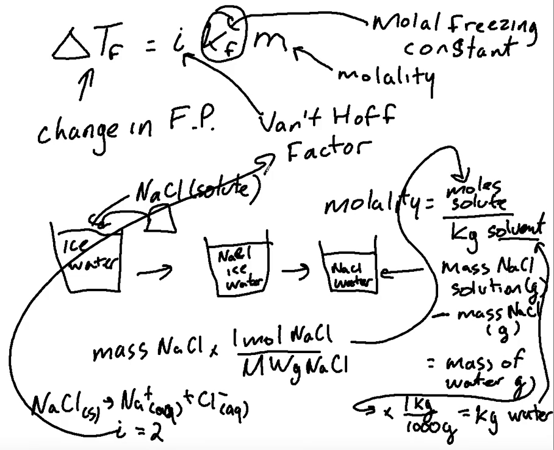Now the delta Tf is the change in freezing point. What you'll have to do initially is figure out the initial temperature of this ice water. And what's going to happen is once we put the NaCl in, we can get a final temperature for this ice water.